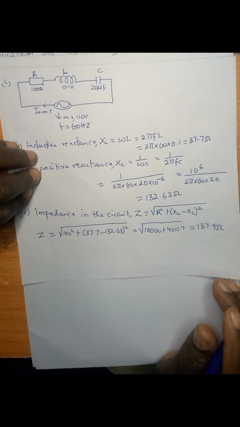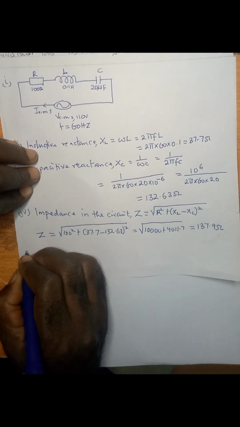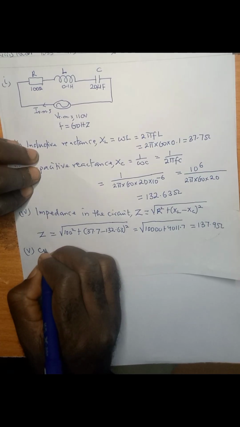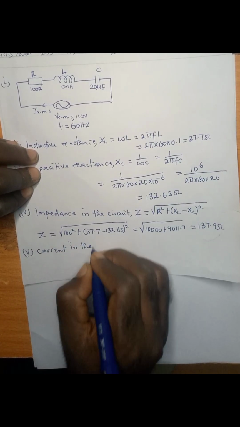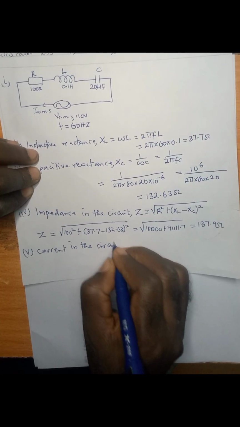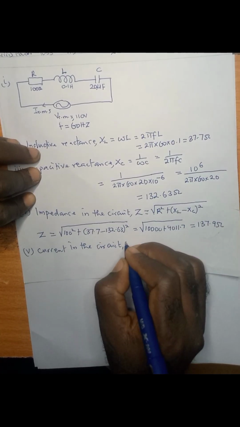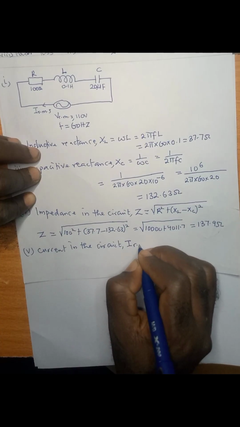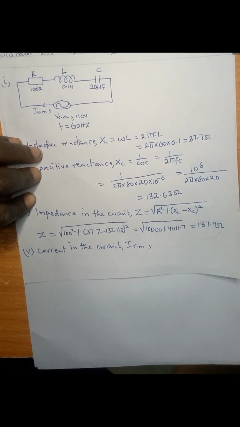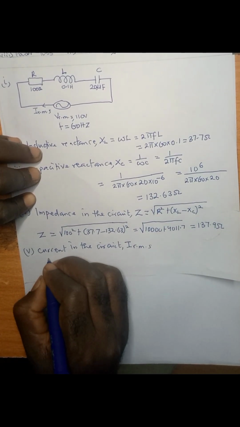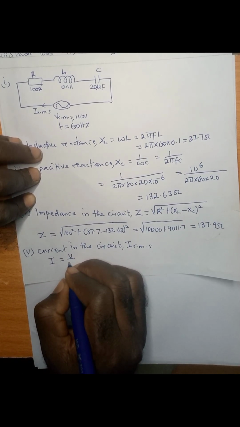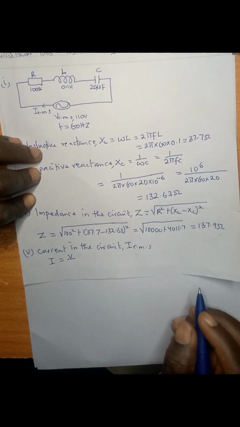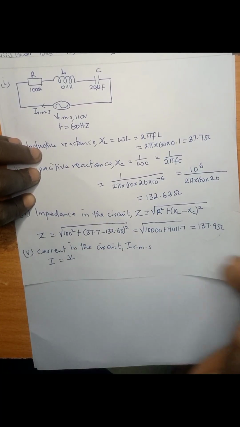Then the next question here, we have to calculate the current in the circuit, which is the same thing as I root mean square current. From Ohm's law, you know that I is equal to V over R. But here in this circuit, the overall resistance to the flow of AC in the circuit is the impedance.